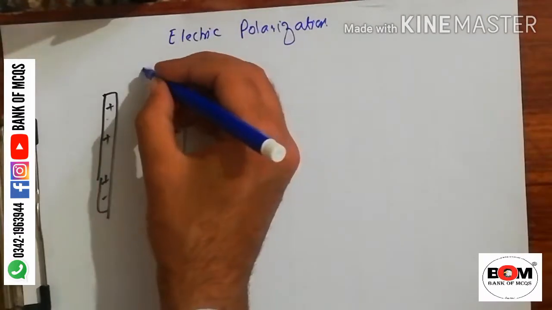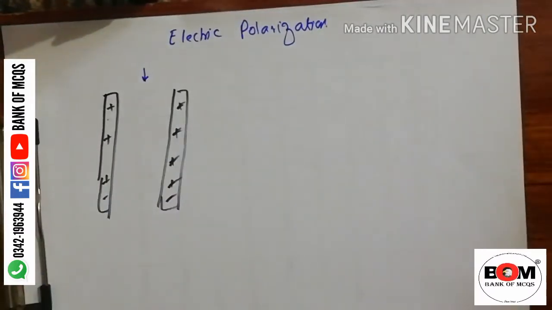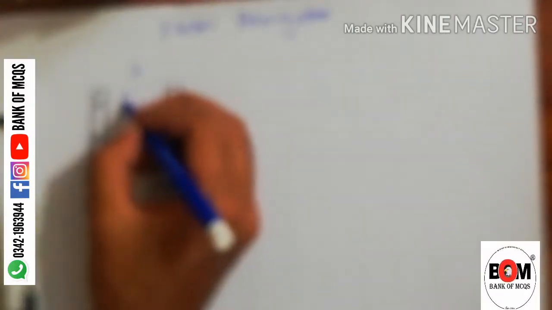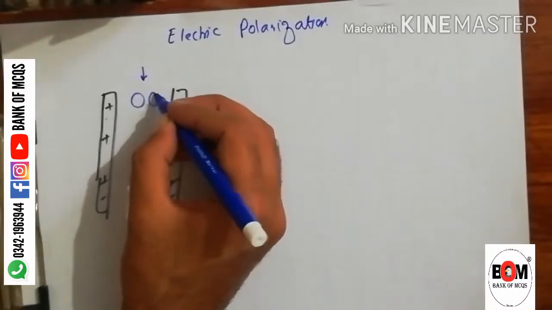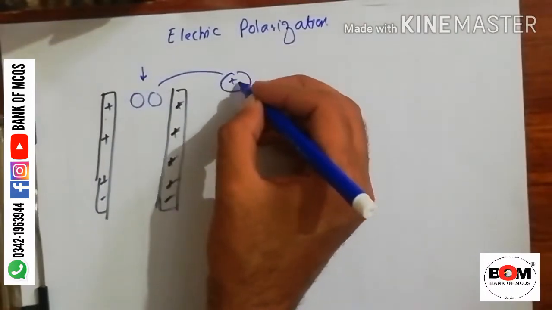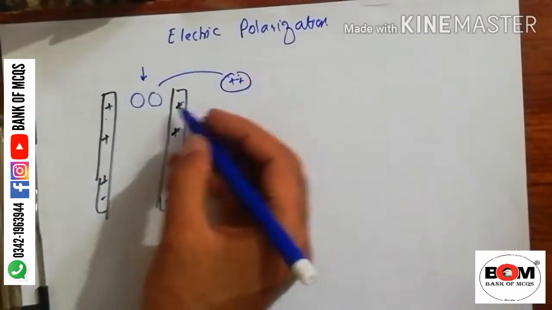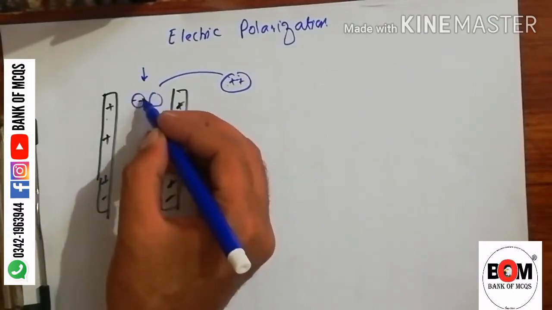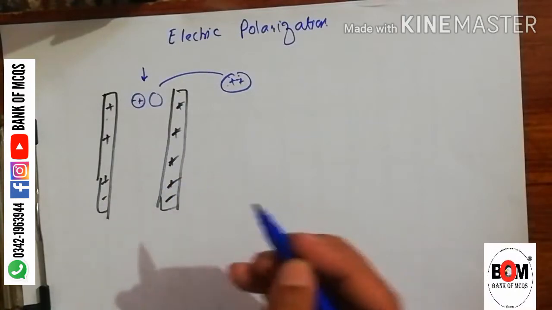What will happen if we put a dielectric? Dielectrics are some substances. For example, this is some atom. If we put it inside the already charged plates, as an atom contains positive and negative charge, the negative electrons will be attracted by the positive plate and the positive side will be attracted by the negative plate.